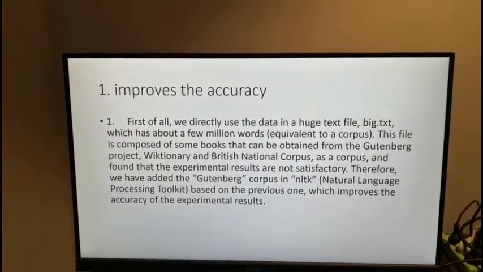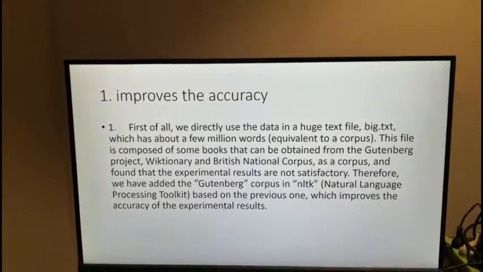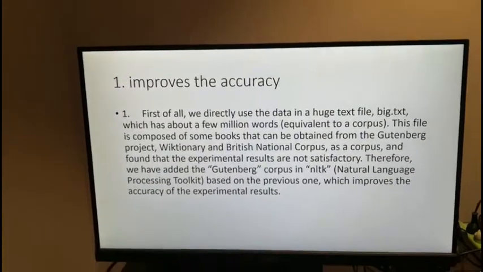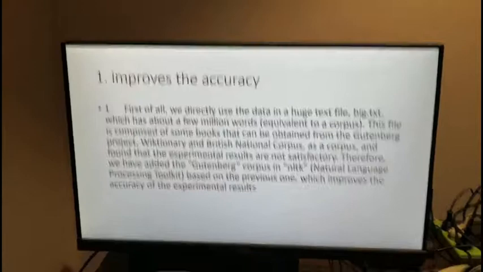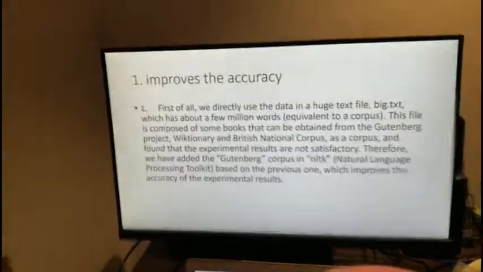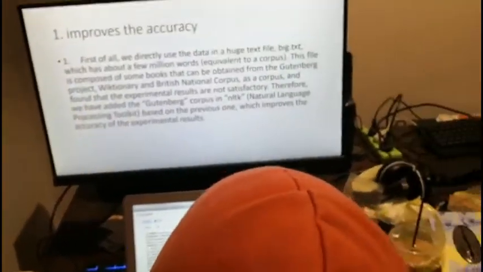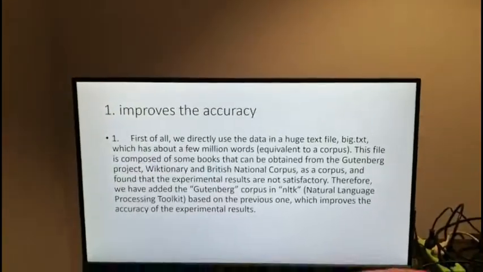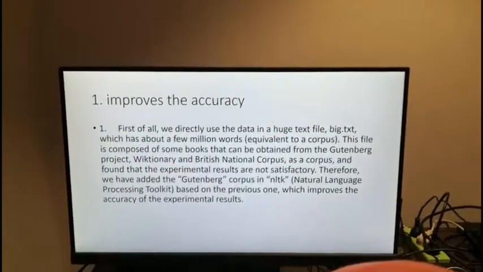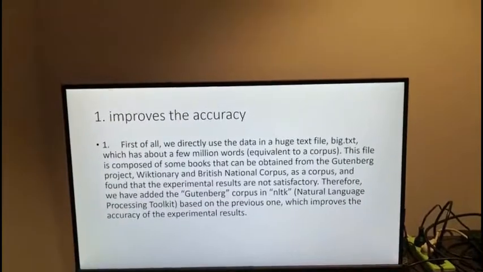Basically, we used a data directory in a huge text file, counting about a few million words. The file was available from the Gutenberg project, Wiktionary, and the British National Corpus's collection of books.